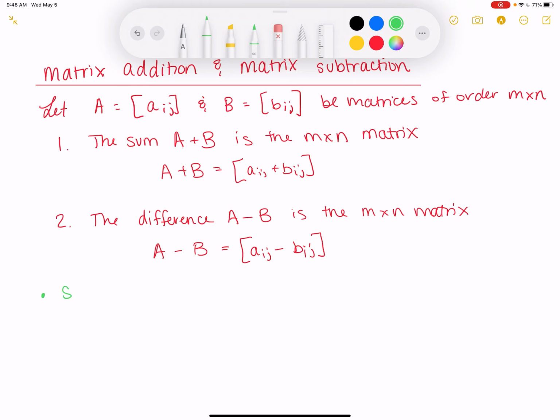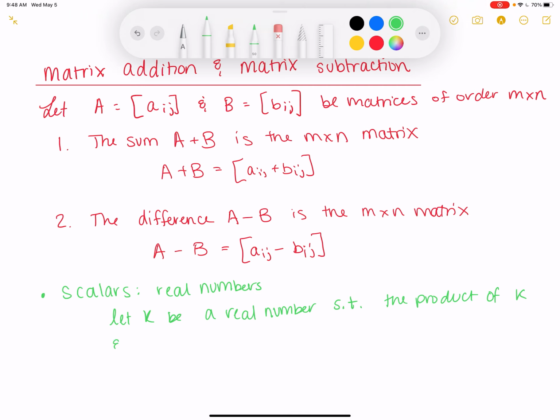Back to some definitions. So scalars are real numbers, and we say let k be a real number such that the product of K and the M by N matrix A equal to A sub ij is the M by N matrix K times A is equal to K times A sub ij.